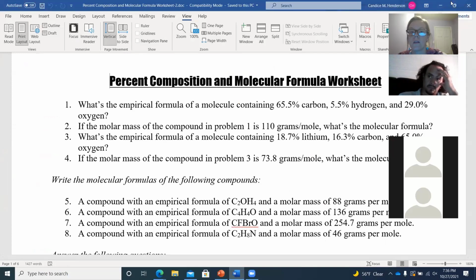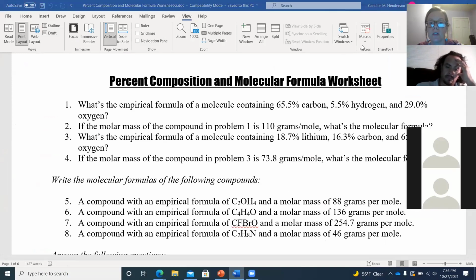Okay. So we had established for this thing that was 65.5% carbon, 5.5% hydrogen, 29% oxygen, that our formula was C3H3O. If the molar mass of the compound from number 1, so this thing here, is actually 110 grams per mole, what is the molecular formula?